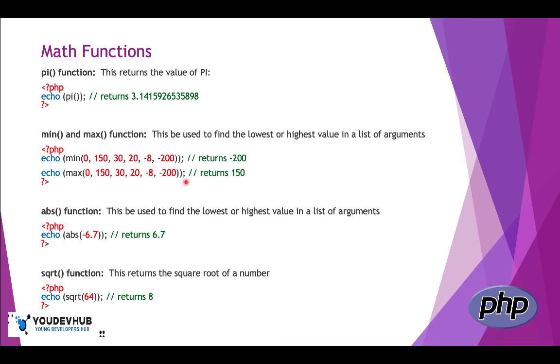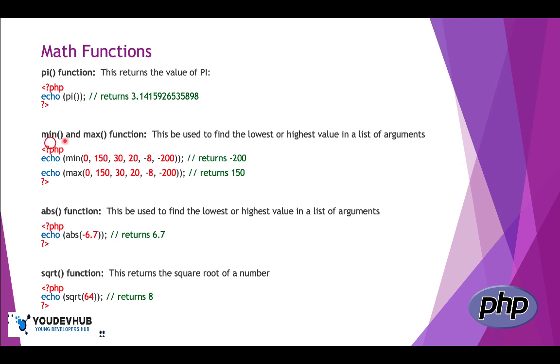There are some functions embedded in PHP that are mathematical functions. We have the pi function, the min, the max, the abs, and the square root function. Now the pi function returns the value of pi, 3.14, and the decimal places of pi.